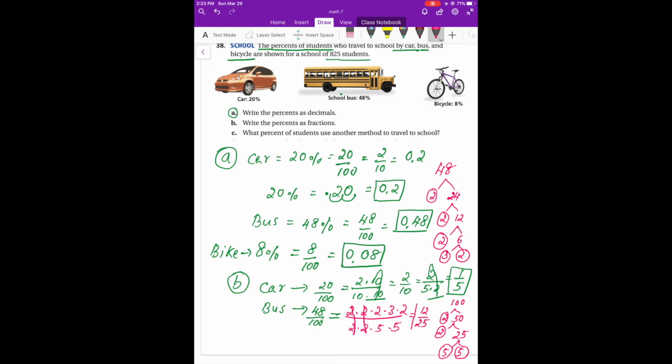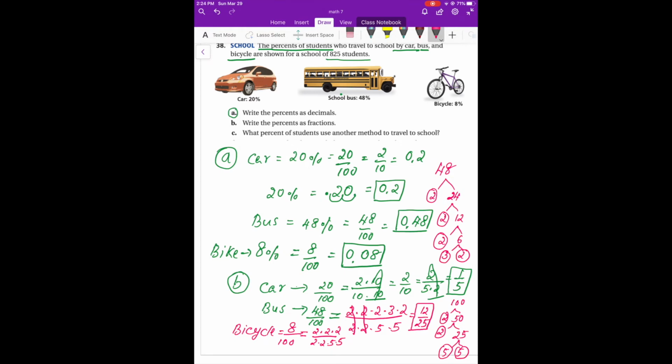That is the fraction for 48%. The third one is 8 over 100, which is bicycle. I can write 8 as 2 times 2 times 2, and 100 as 2 times 2 times 5 times 5.